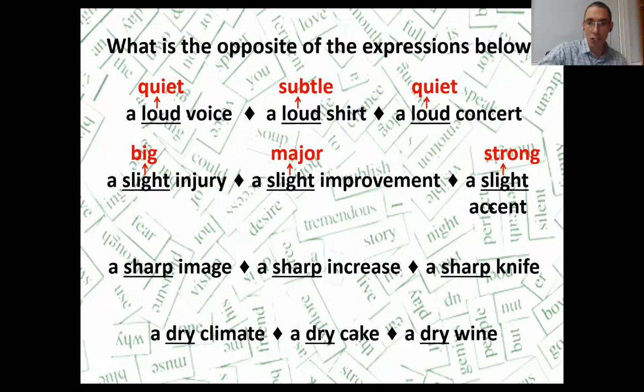Okay, next one, a sharp image, a sharp increase and a sharp knife. What would be the antonym for a sharp image on your computer or on the TV?